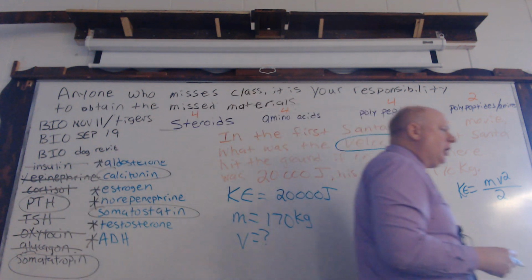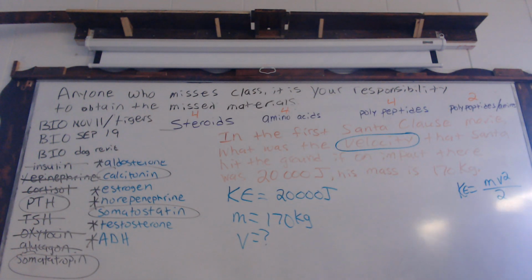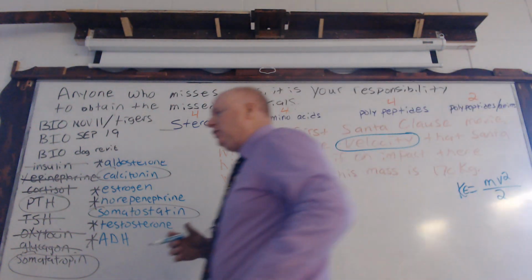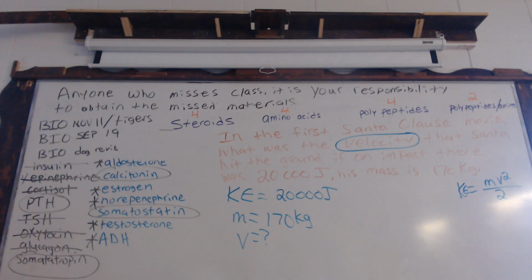This is probably one of the shortest sets of unknowns to do, in a complex problem. We haven't seen anything this short, with the exception of going all the way back to August and September when we were dealing with velocity questions. You had a distance, you had a time, and you solved for velocity.